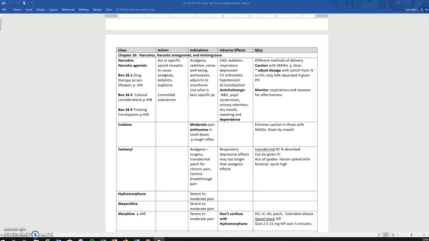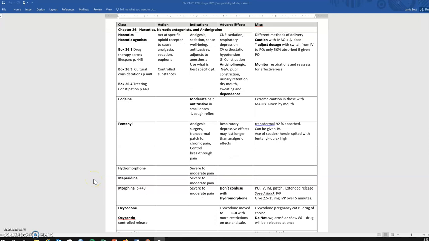So only 50% is absorbed if given PO, so you will need to give a larger dose orally than you would in the IV. And there are charts that help providers to make those conversions so that patients maintain the same amount of pain relief regardless of the method of administration.